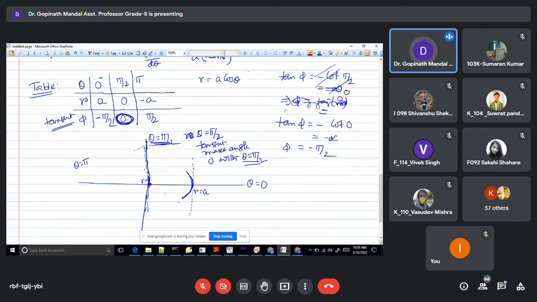So this is the tangent at r equal to 0. So there must be a curve like that. If we join this, the curve will be like that. So this is our curve.